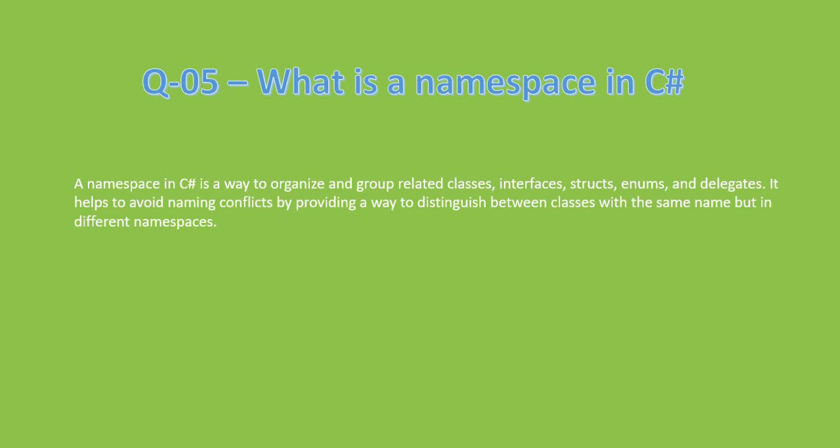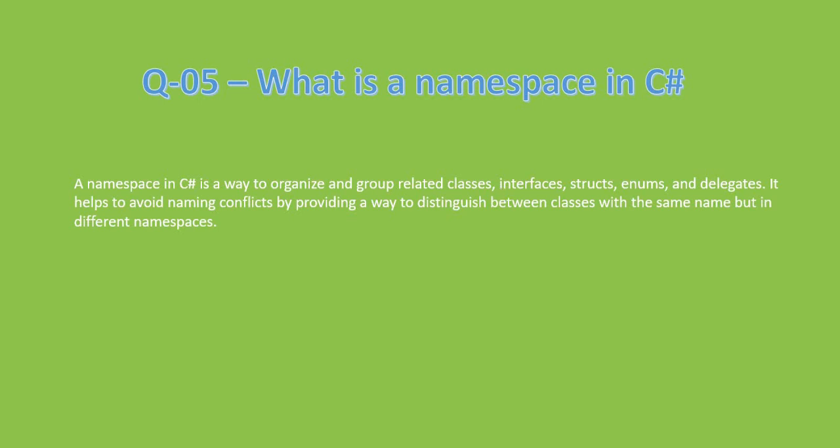Think in your application, you have the same class name in two different places. How do you identify which class to use for creating an object? Can you create the same class name in different places in the same project? It's possible with a different namespace.